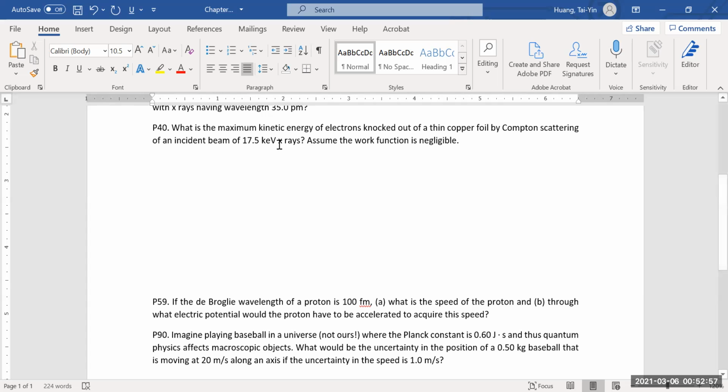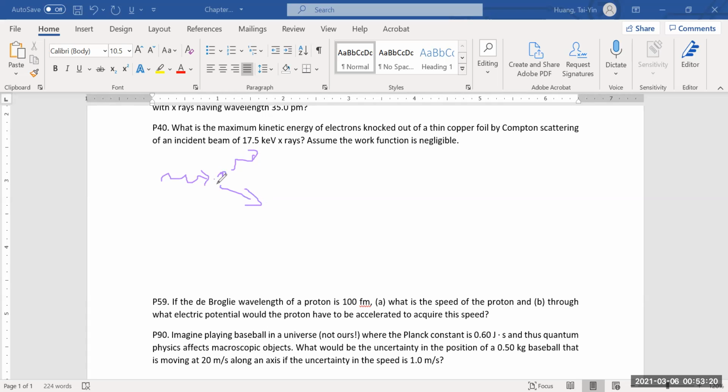In that sense, you can ignore the work function. The diagram will look like this. You have a target and the incoming photon, and then there's going to be an outgoing photon, and then there's kinetic energy.